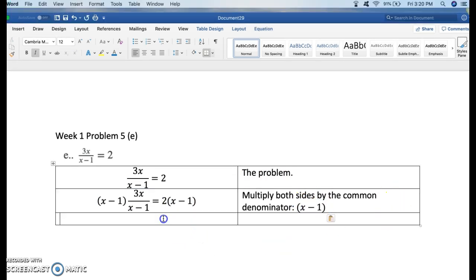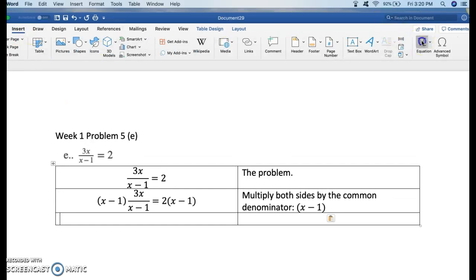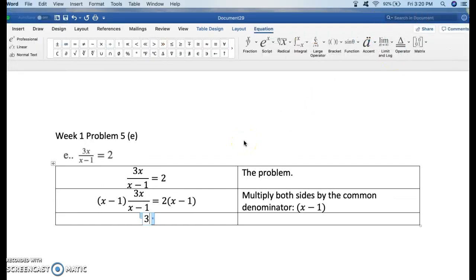All right. Now, I actually want to execute that, and the x minus 1s are going to cancel on the left side. So as a result, they cancel, and I would have 3x is equal to 2x minus 2.